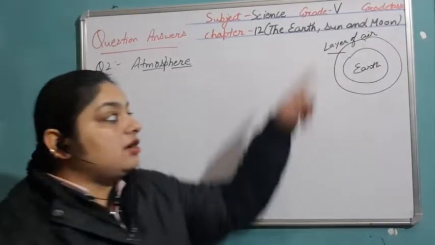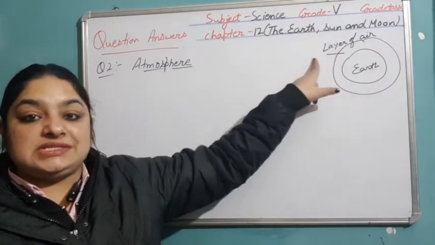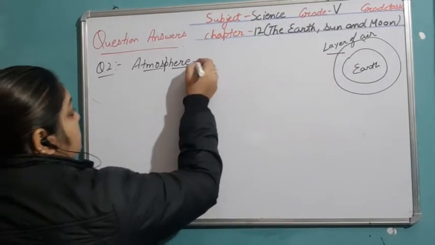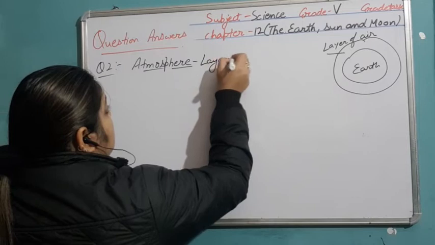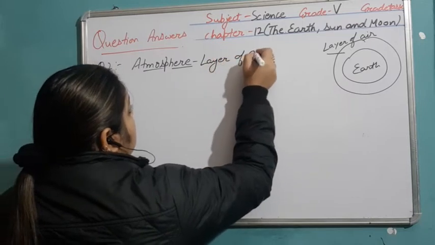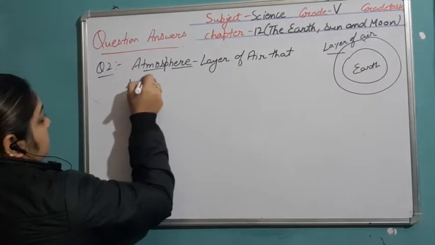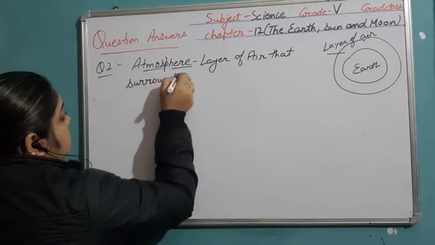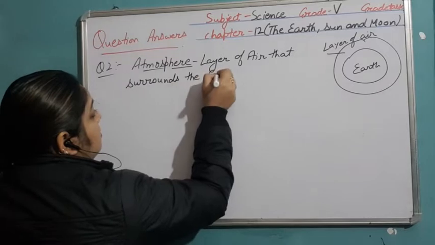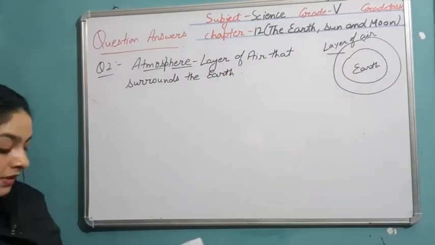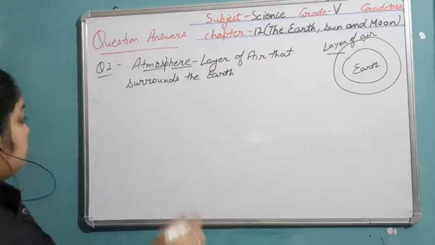So this layer of air which is surrounding the earth, this is only known as atmosphere. So what is atmosphere? The layer of air that surrounds the earth is called atmosphere. Question number 3 is, what is sun made of?